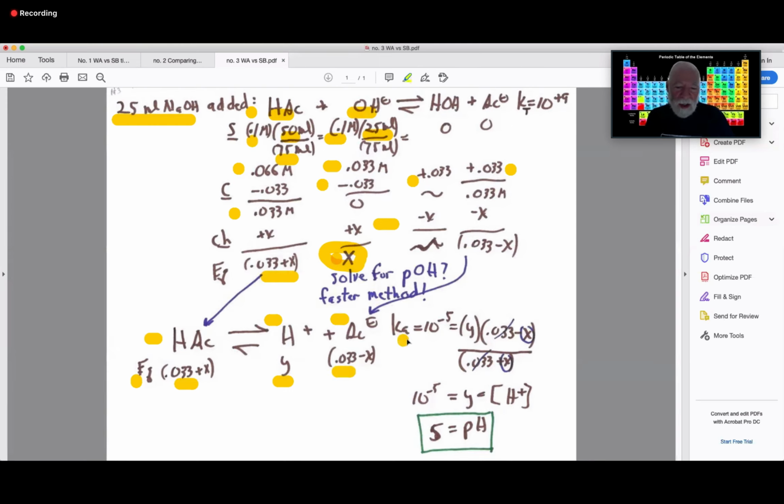So the K sub A, 10 to the minus 5, will be hydrogen concentration times acetate divided by the acetic acid concentration. Okay, I've circled the x's we're going to ignore, and notice a wonderful thing. The 0.033's cancel out, so the hydrogen concentration, y, will be just the K sub A, 10 to the minus 5, and therefore the pH will just be 5.